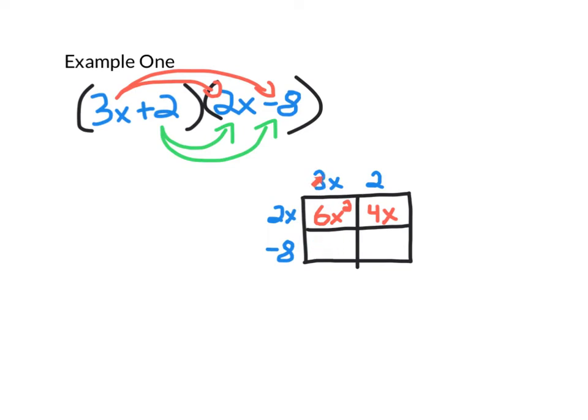Then we move to this box. This box is going to be the 3x times the negative 8. So 3 times negative 8 is negative 24, and we have an x right here. So negative 24x.